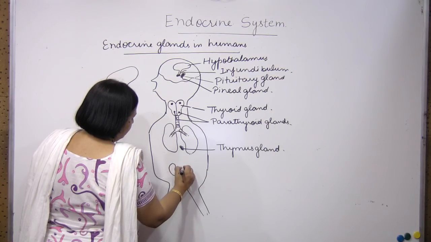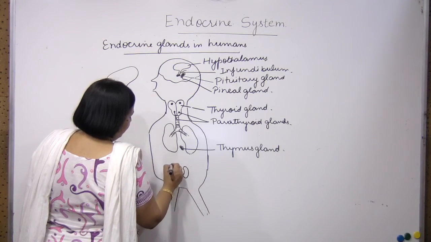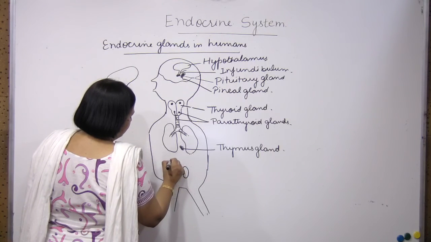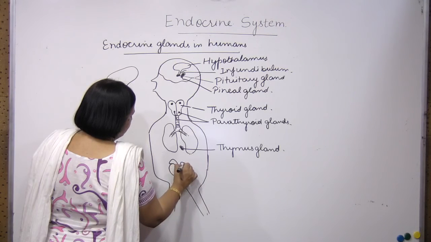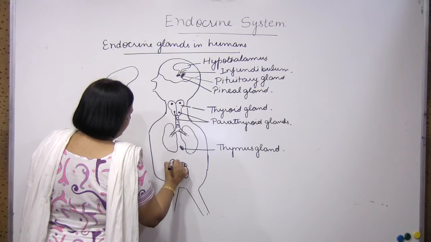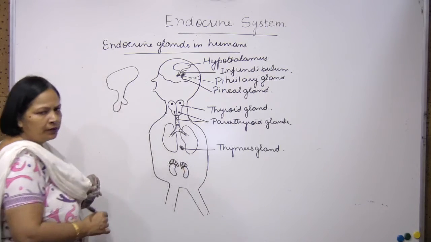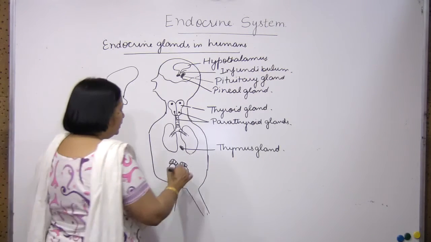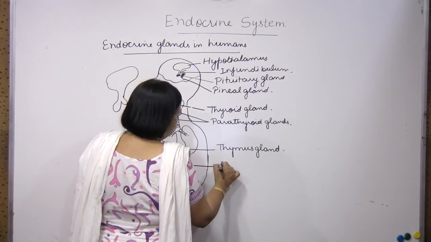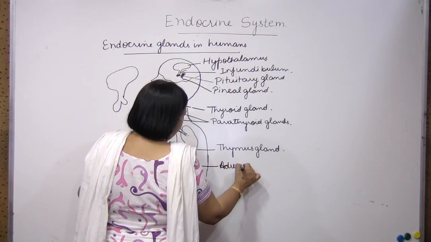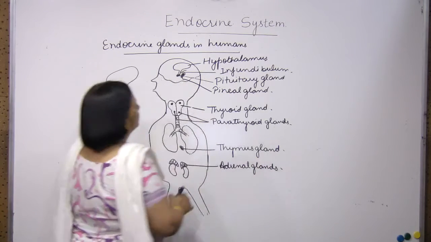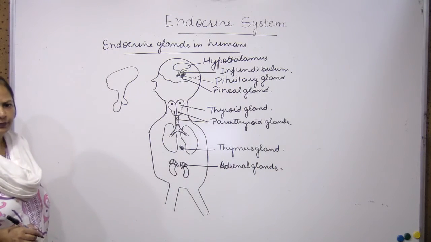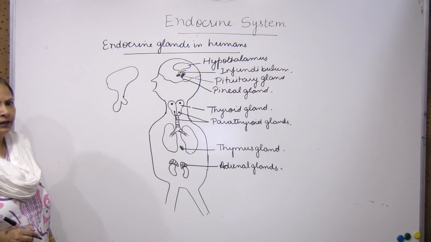These are the kidneys, and above the kidneys are present triangular-shaped, meaning having 3 corners, a pair of adrenal glands. These are the various endocrine glands in our body.